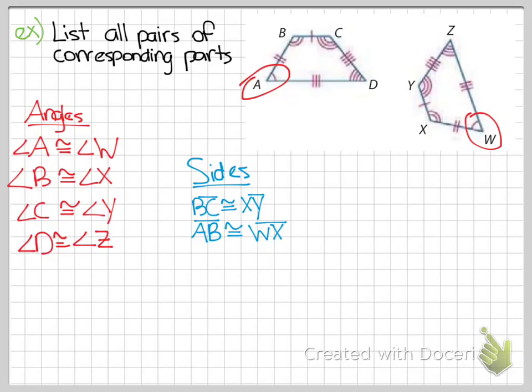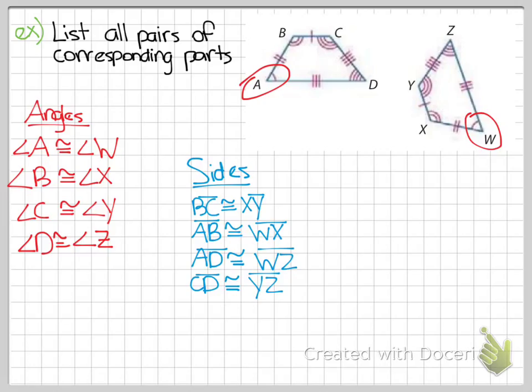Side AD is congruent to side WZ. And then finally the last pair, side CD, is congruent to side YZ.